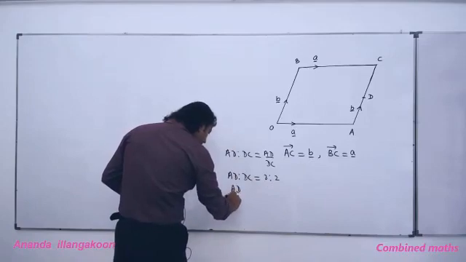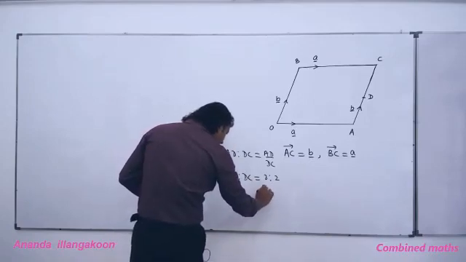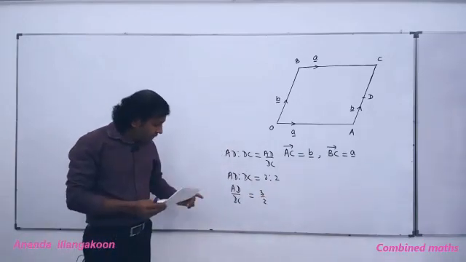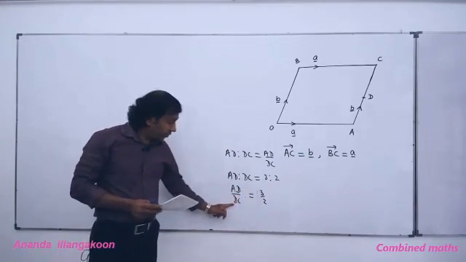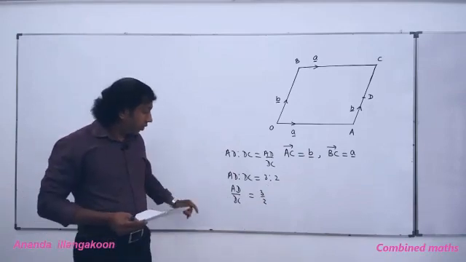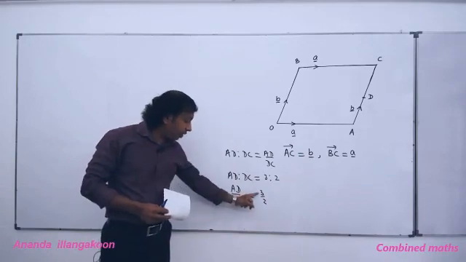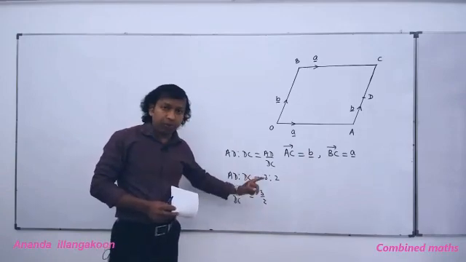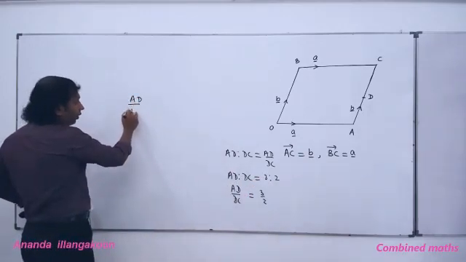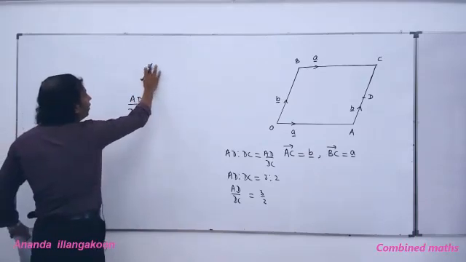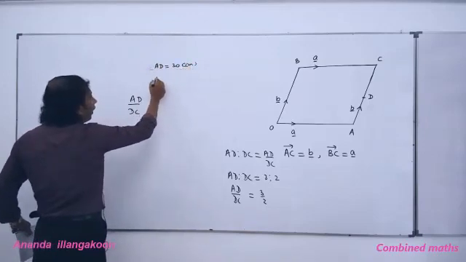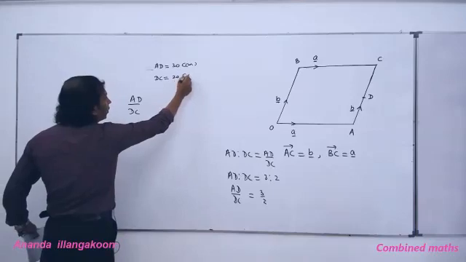That means AD divided by DC on the left hand side, right hand side 3/2, equal. Does that mean when AD is 3 units, DC is 2 units? Don't take it this way. Here it doesn't say AD is exactly 3 units and DC is 2 units. No, people. This is a ratio. Ratio means the actual length of AD may be 30 centimeters, and the actual length of DC may be 20 centimeters.